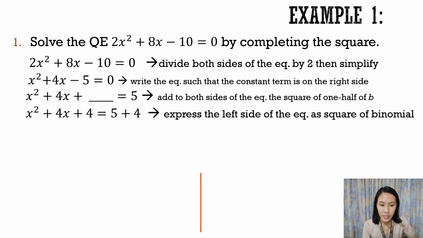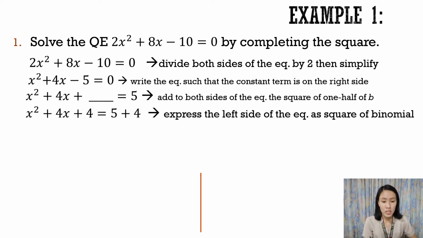By adding the square of 1/2 of b on both sides of the equation, the left side of our equation became PST or perfect square trinomial. Since the left side of our equation is now a perfect square trinomial, we can now express that as a square of binomial.